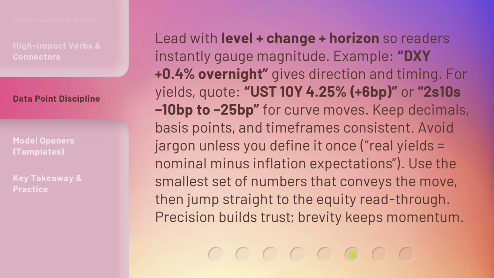Keep decimals, basis points, and timeframes consistent. Avoid jargon unless you define it once. Real yields equal nominal minus inflation expectations. Use the smallest set of numbers that conveys the move, then jump straight to the equity read-through. Precision builds trust. Brevity keeps momentum.